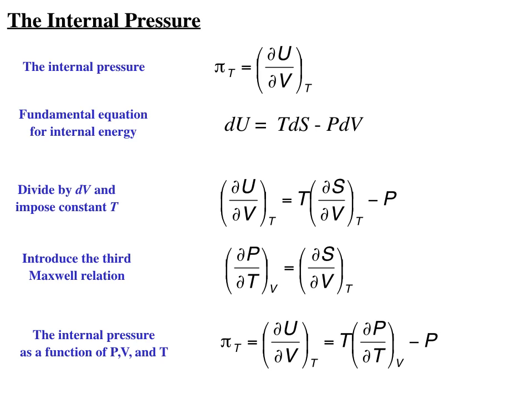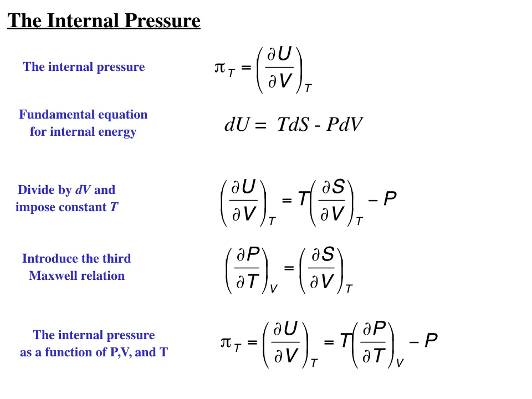So that says that the partial U partial V at fixed T has to equal T times partial S partial V at fixed T minus P, because of course dV over dV is 1, so that term cancels in the second part of the right-hand side.